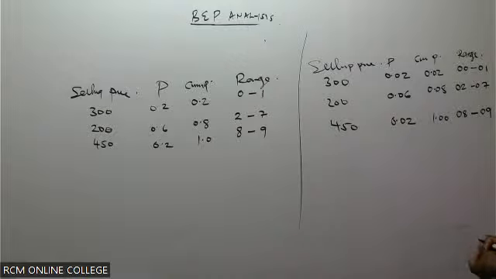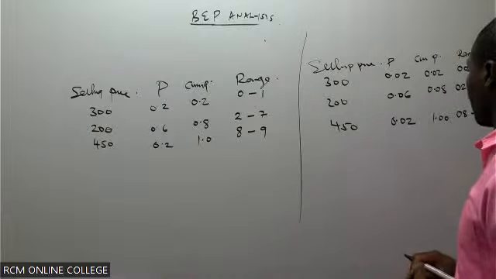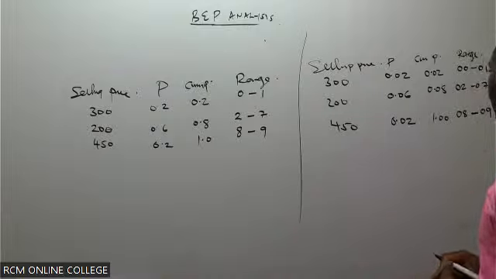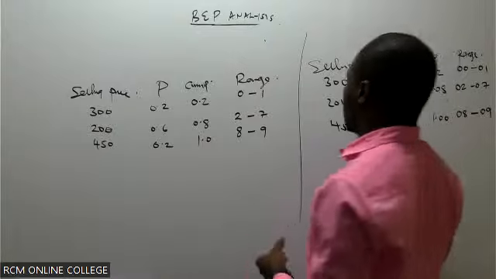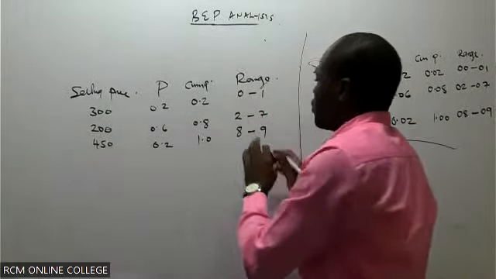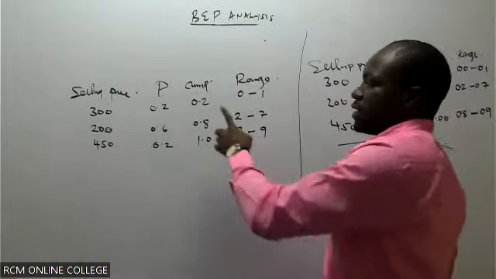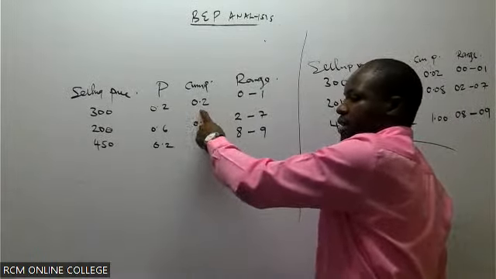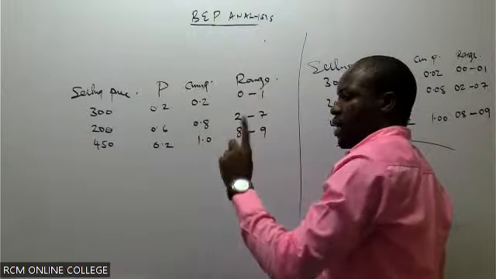Let me just try to put that there. If you look at what I'm having, you'll be able to understand that the number of decimal places that I'm having here is basically 1, is it?